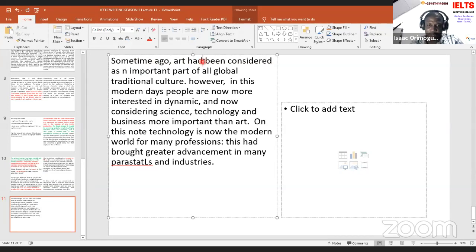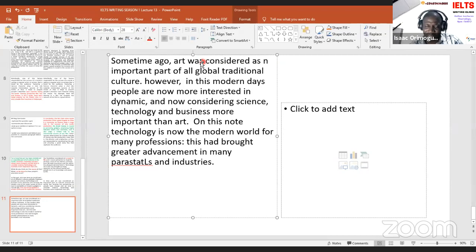"Sometimes ago, art had been considered." I would prefer "was considered," not "had been considered." I prefer that one, because if you start using past participle here... "an important aspect of all global traditional culture."